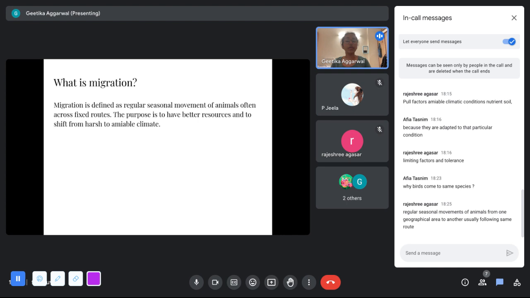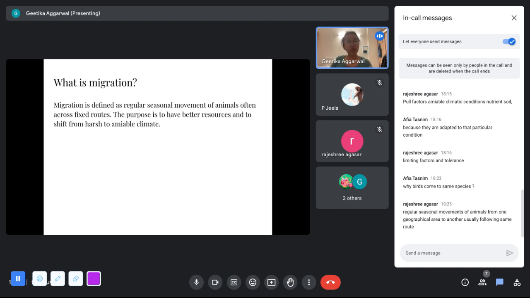The purpose of it could be finding better resources, or avoiding a harsh climate in the region where they were found, and moving to an amiable climate. So mostly you would be aware that species migrate from colder climates in Central Asia towards India and other tropical countries, either to avoid the harsh winters or to breed in these resource-rich areas, right?